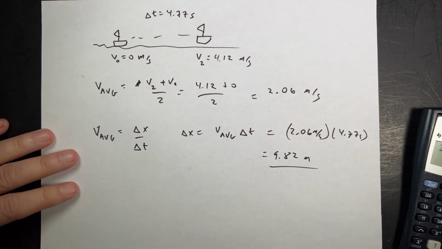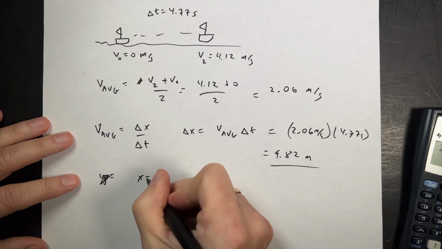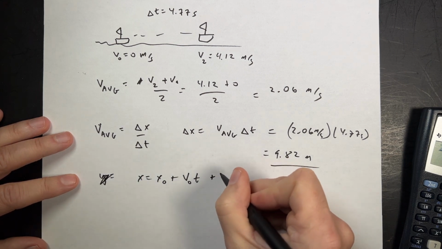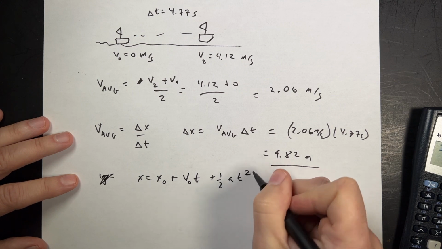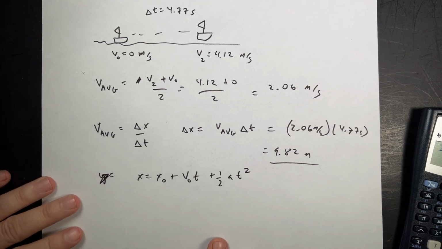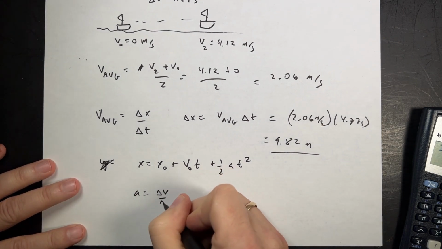Okay, so then they were trying to do this. They were trying to say x equals x0 plus v0 t plus 1/2 a t squared. So they don't give us the acceleration, but you could find the acceleration. I could say a is delta v over delta t.